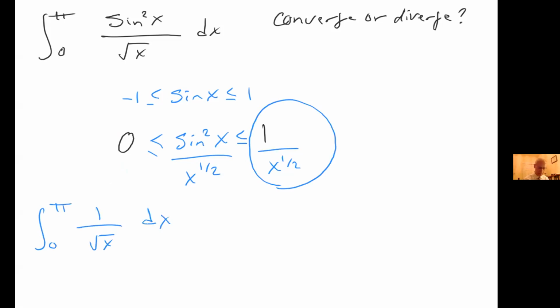Of course, this is an improper integral. Why is that? Because x cannot be 0. There is a discontinuity at the very edge of this function. All right, so let me go ahead and go to the next page.